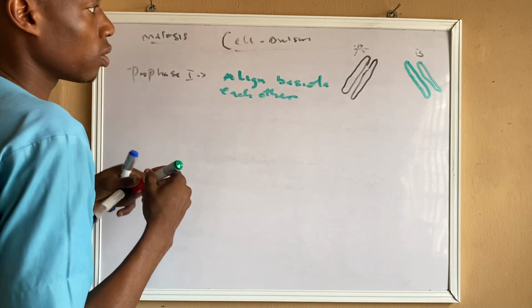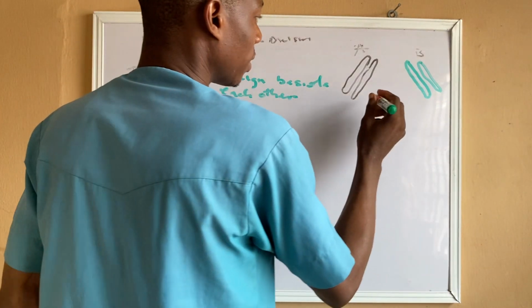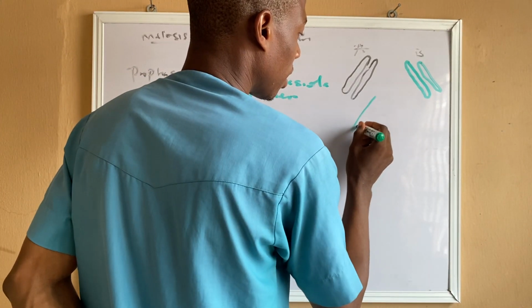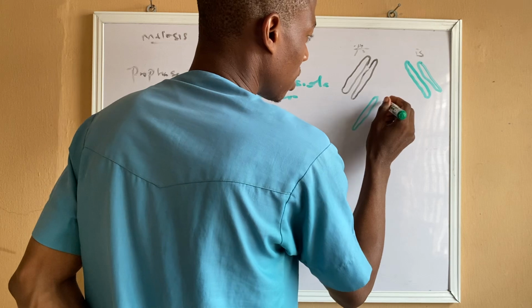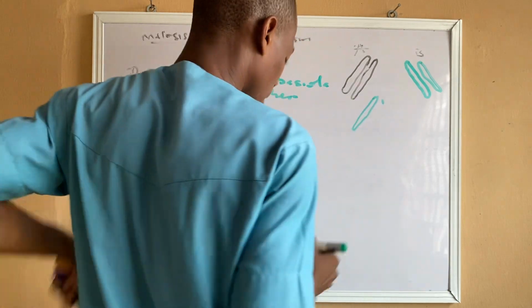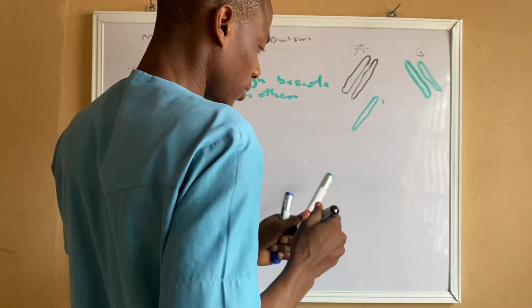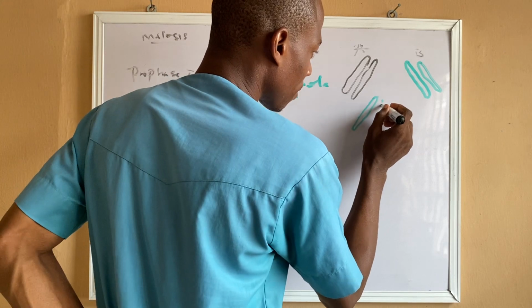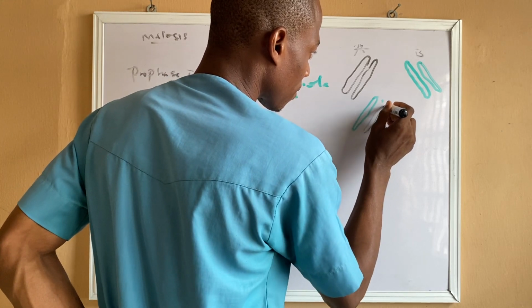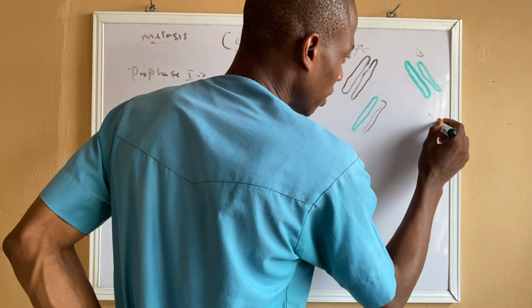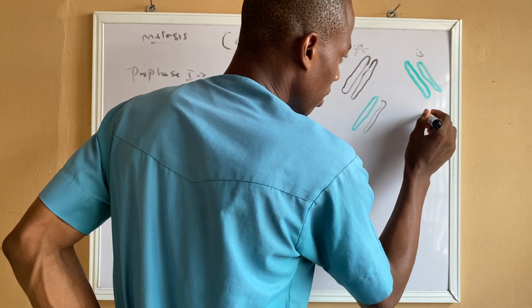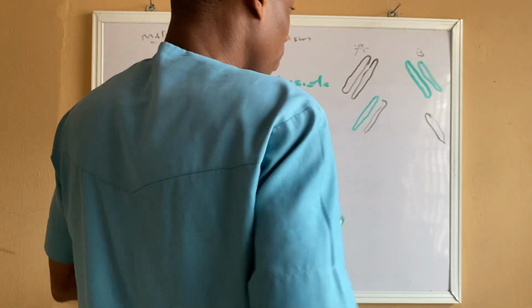Right? How? A and B. A and B. And another A and another B.